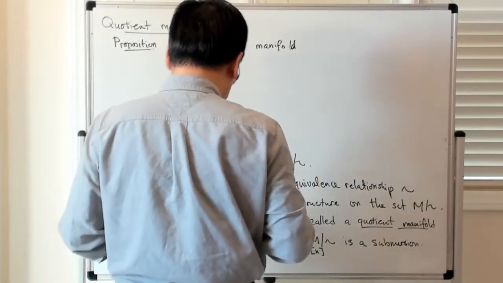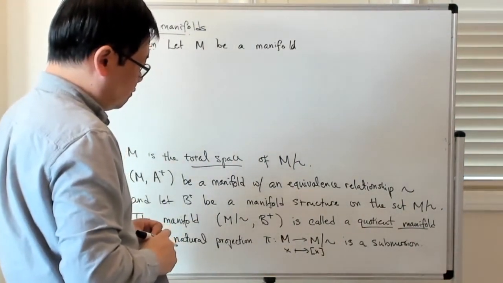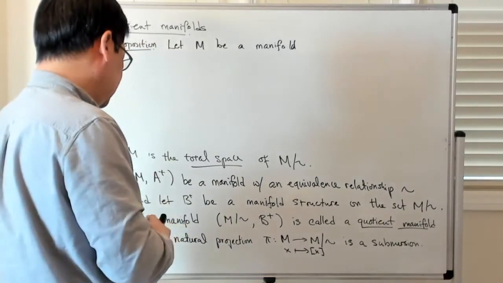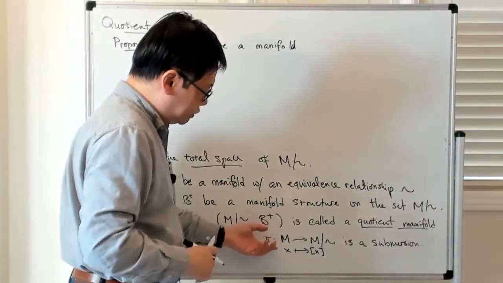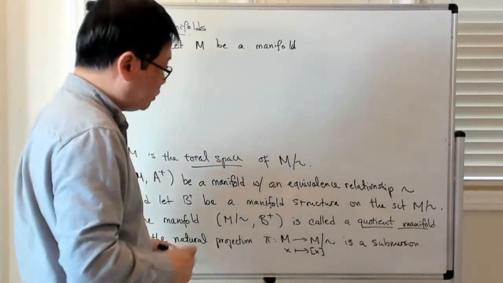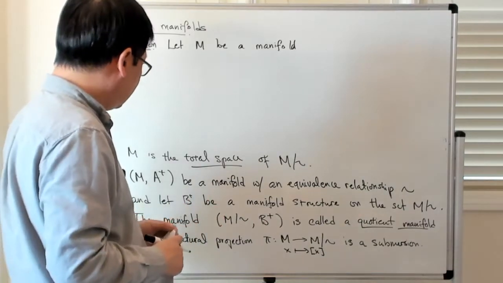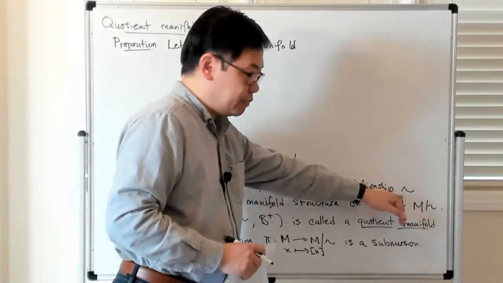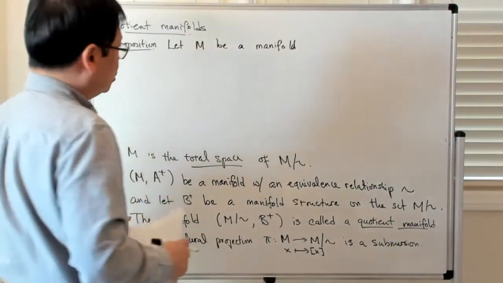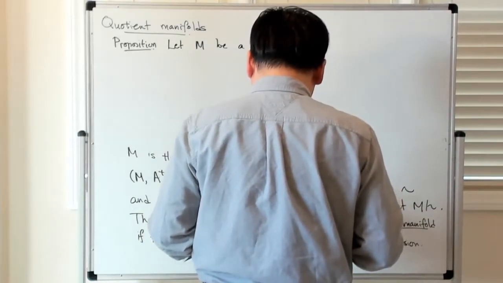I should say the following basic idea: this pi is going to be an immersion in general. Sorry, a submersion, under circumstances. Essentially what needs to happen is that the equivalence relationship needs to have some additional nice properties for that to actually be a submersion, and then you actually have an honest to goodness quotient manifold.